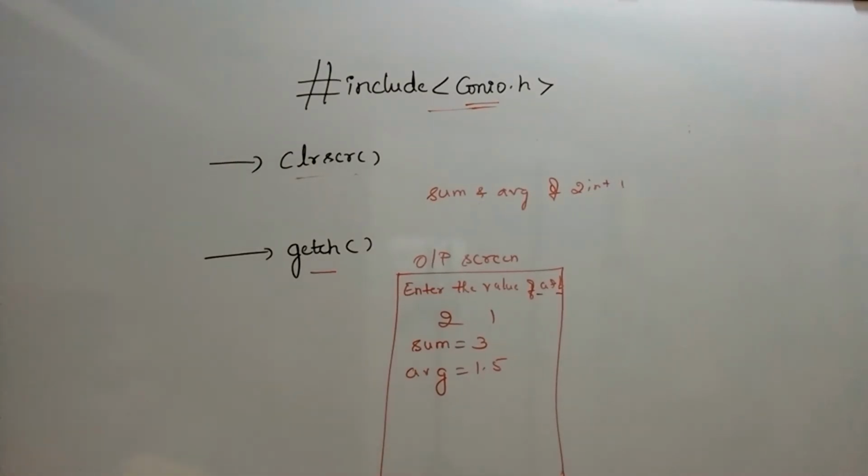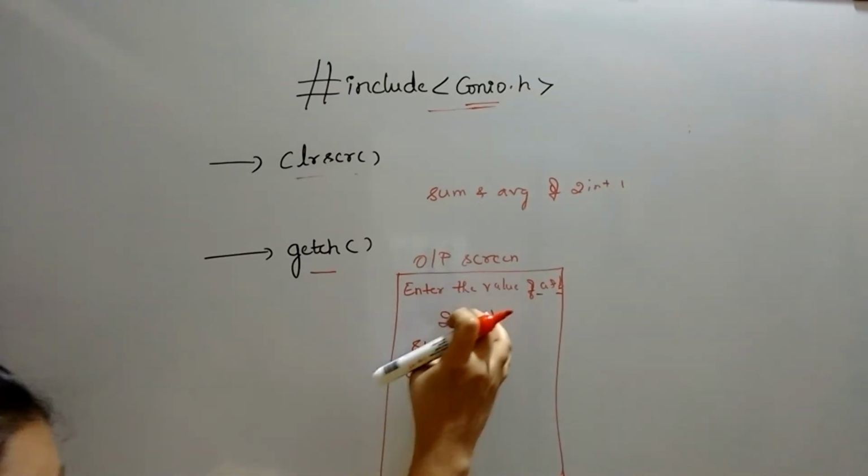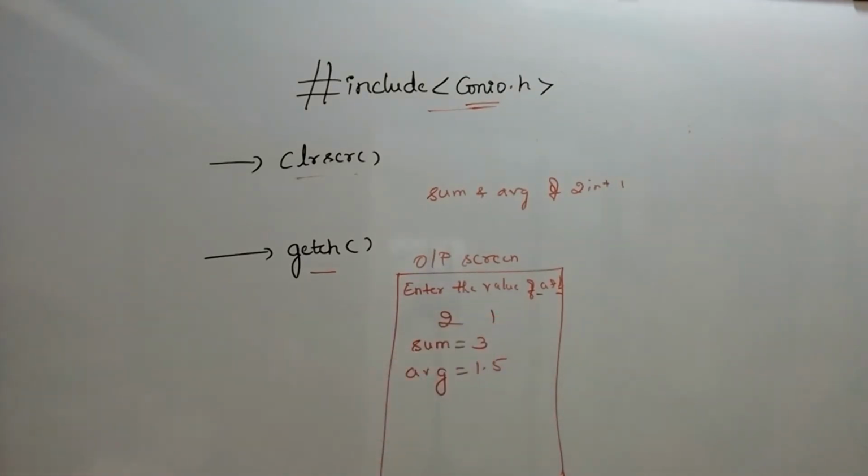Now if you run the program for the second time, this is the first output you are getting. If you want to change the values for A and B and run the program once again, first of all you need to compile the program.